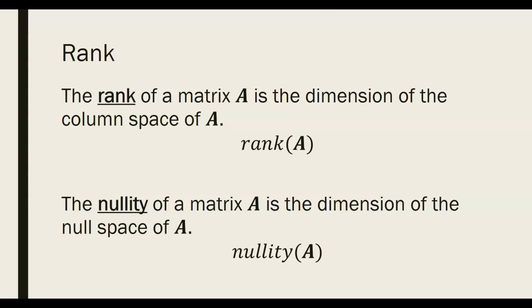Likewise, the special word for the dimension of the null space of A is called the nullity of A. Our book doesn't quite use nullity this soon. It uses nullity when it talks about linear transformations, but we're going to use nullity of A. We know A can be thought of as a linear transformation, so nullity of A is the dimension of the null space. Rank of A is the dimension of the column space.